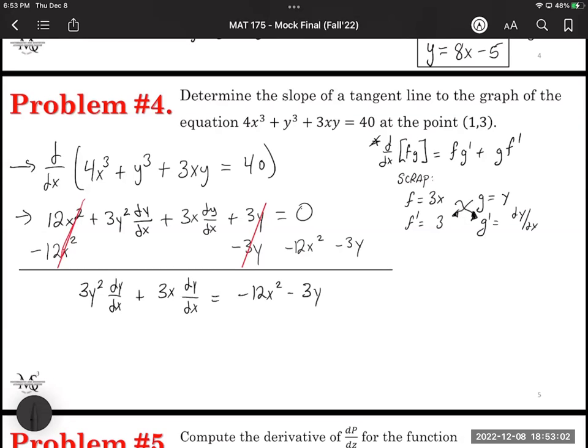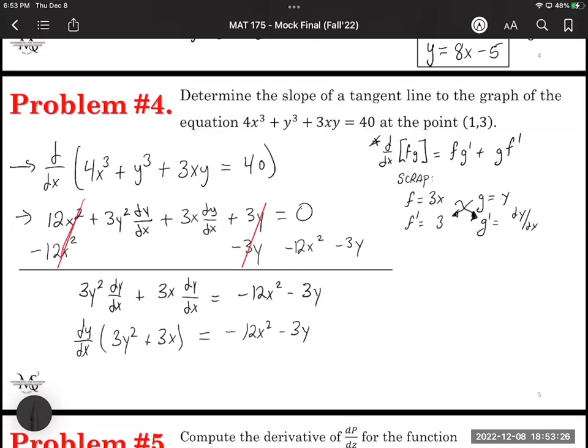Now, when you have the terms that contain a dy/dx by themselves on one side of the equation, just like this left-hand side, you can factor the dy/dx out of it. Inside the parentheses, you will have 3y squared plus 3x, again equal to the right-hand side of this equation.